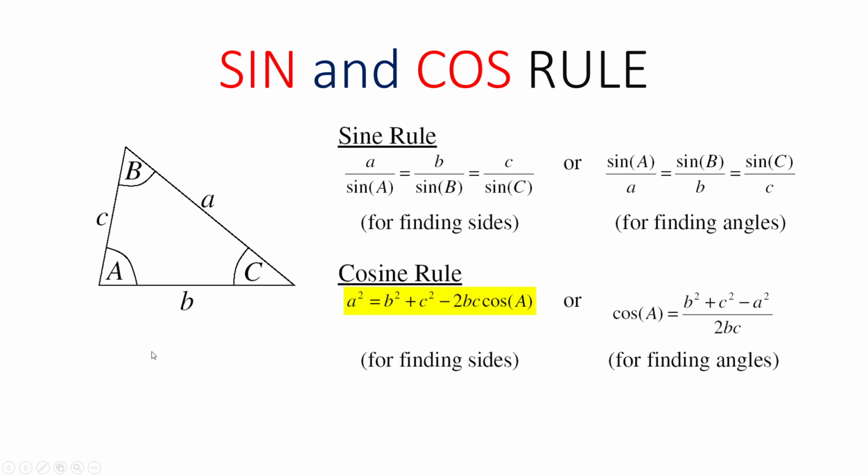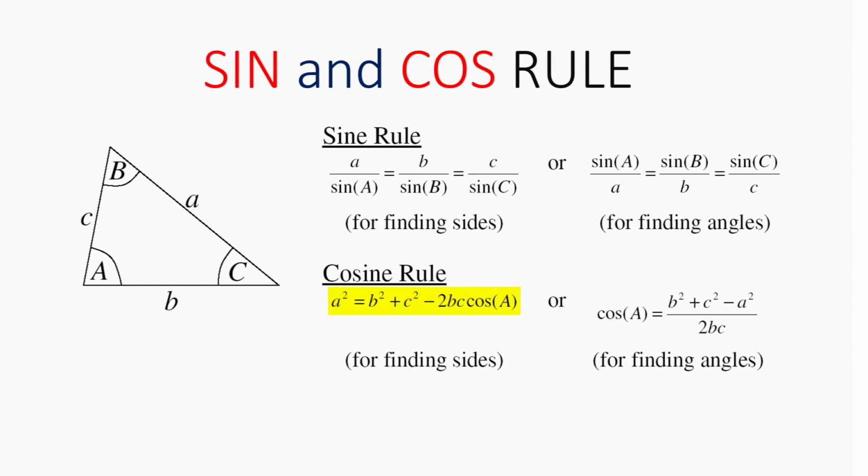You must have two sides and one angle. Let's take an example on the sine rule, and I think that will clarify some of the things you can commonly get mistaken about.